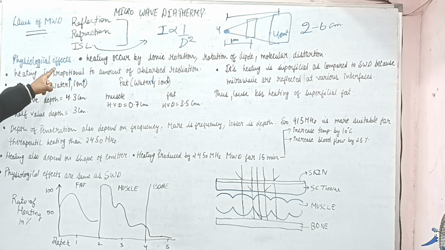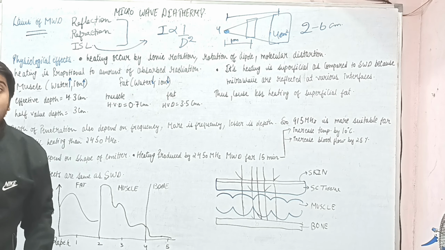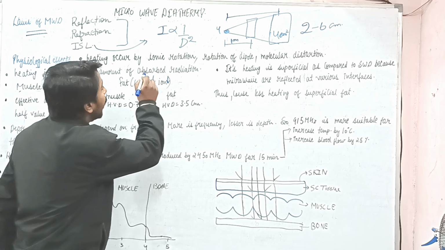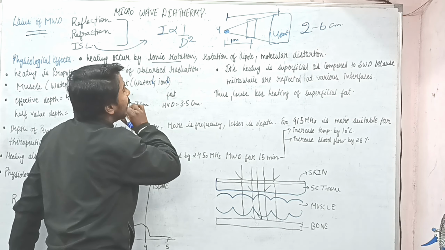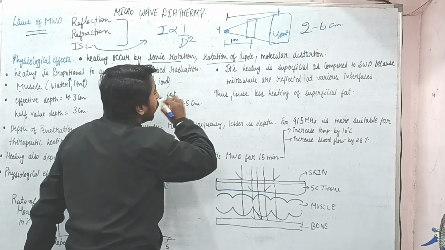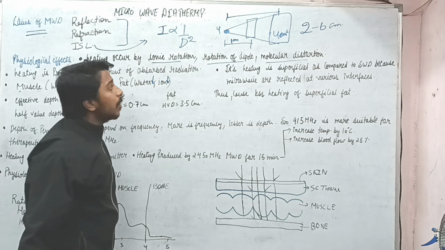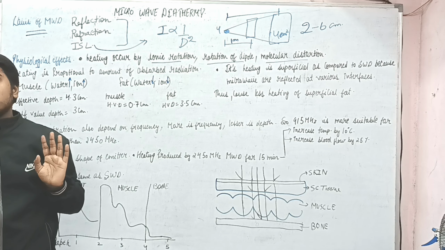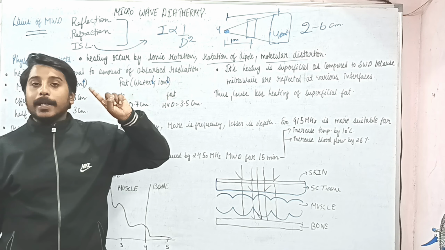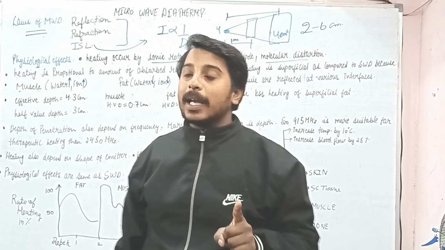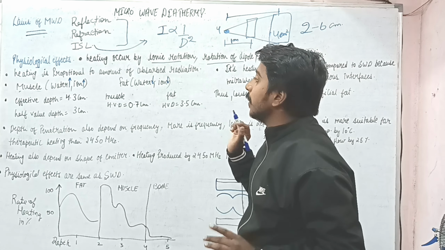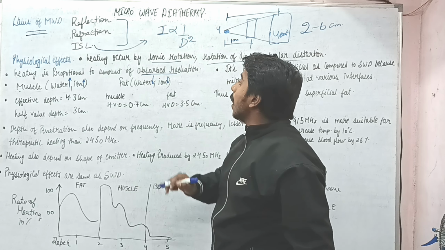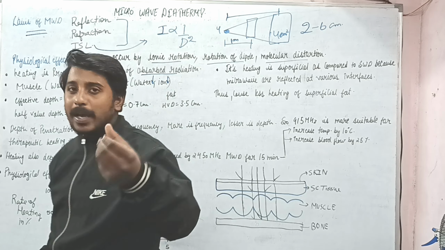Here also heating occurs in the tissue by the 3 methods which we have studied in short wave diathermy: ionic rotation, rotation of dipole, and molecular distortion. I am assuming that you have watched the short wave diathermy lecture and we are done with this. Next, heating is proportional to the amount of absorbed radiation, which is very obvious.